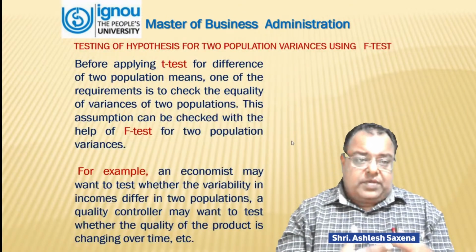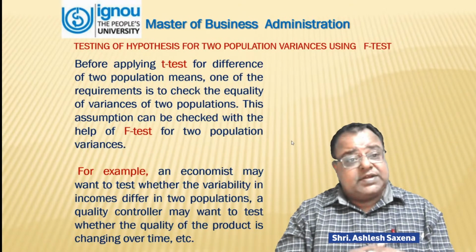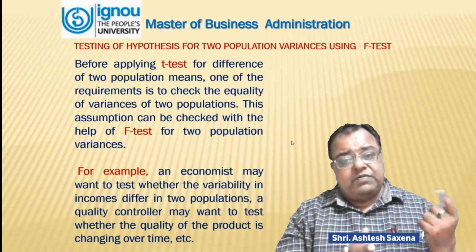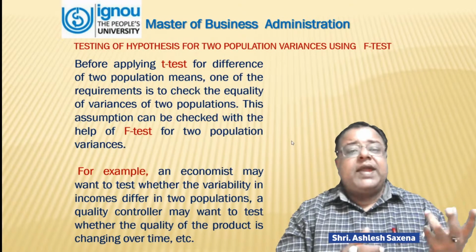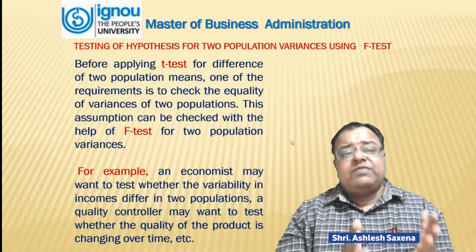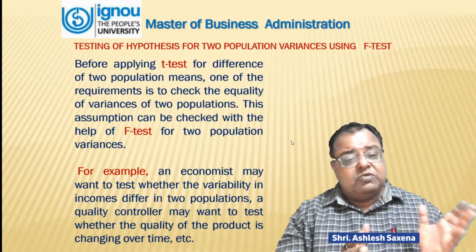Now, we will move further using the F-test. This F-test is used when testing of hypothesis is done for two population variances. Before applying the t-test for differences of two population means, one of the requirements is to check the equality of variances of the two populations.